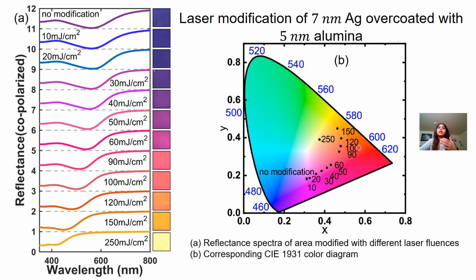Hence, after obtaining a stable structure, we tried to modify the structures using a laser, and as you can see here, we can again get a wide variety of colors by changing the energy density, and the structures are also very stable. As you can also see in the corresponding CIE color map, it generates a very wide range of colors upon changing the reflectance spectra by shining the laser on top of it.